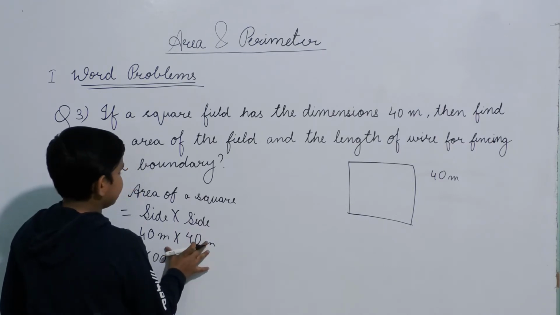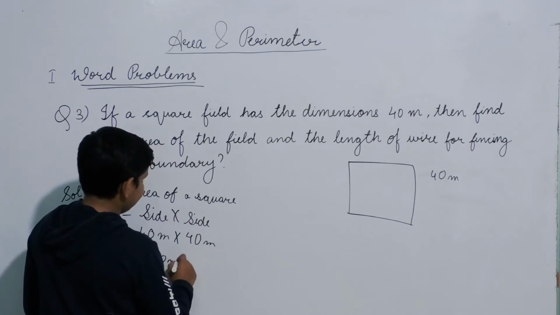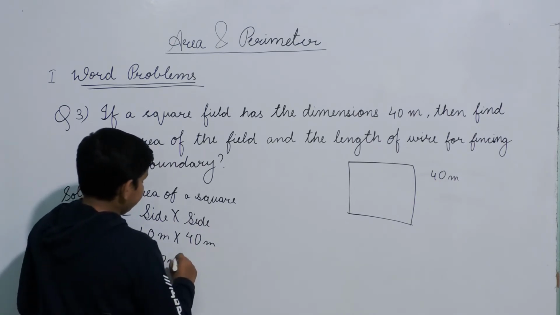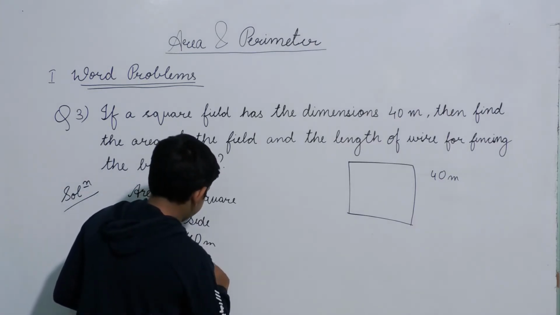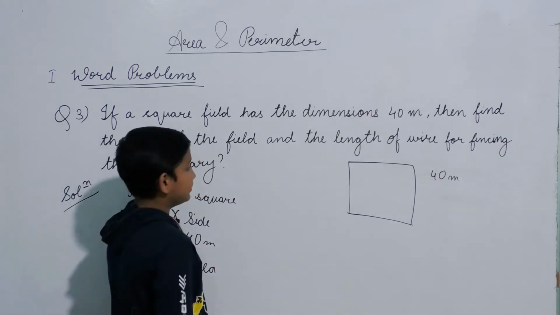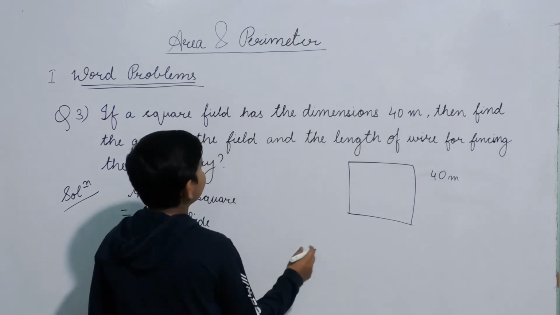And because it is meters multiplied by meters, we will write it as 1600 meters square. So our area is 1600 meters square.